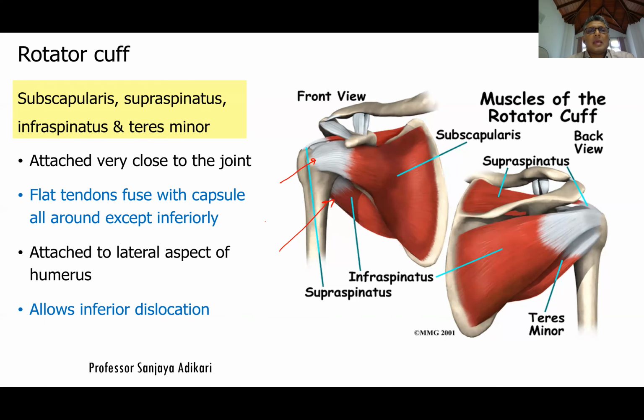Because of that, they become the most important stabilizing factor of the shoulder joint. Only thing is, anatomically, inferiorly there is a weak area which allows inferior dislocation. But it's not always the inferior dislocation that happens.